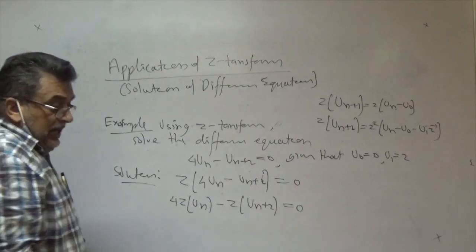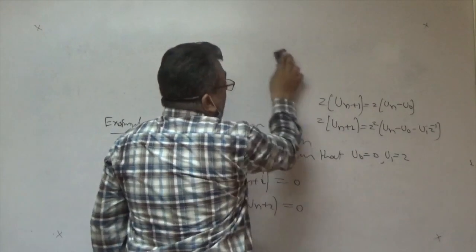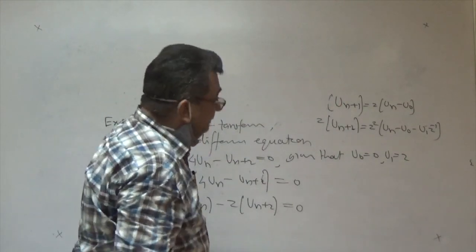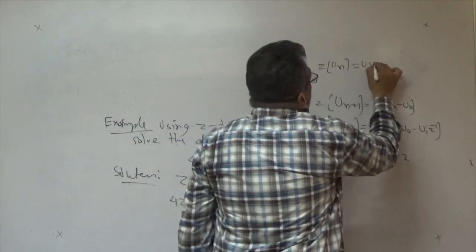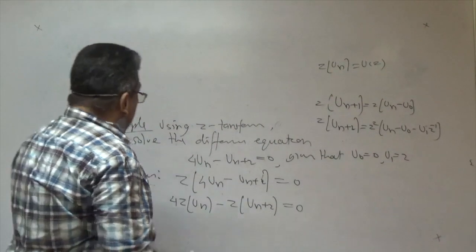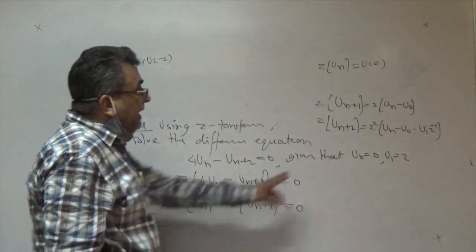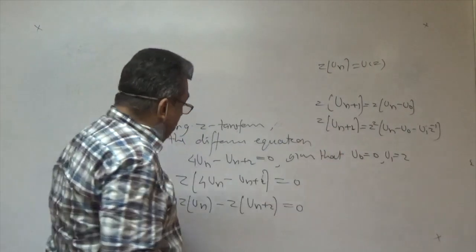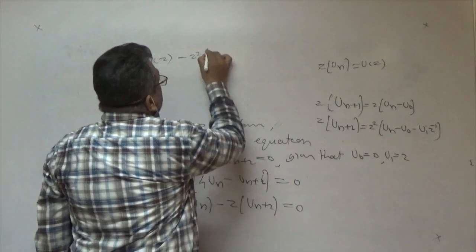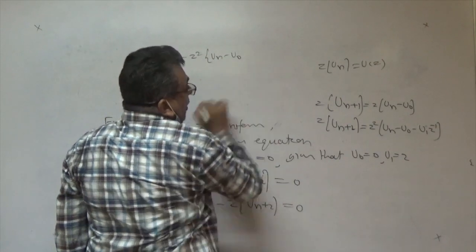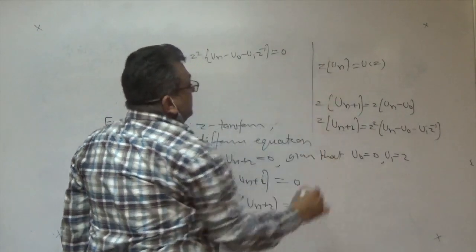Right? And if we denote the Z transform of u_n as U(z), then the first term is 4 times U(z). The second term, by the shifting property, can be opened as z squared times (U(z) minus u_0 minus u_1 z to the power minus 1), and the right hand side is 0.